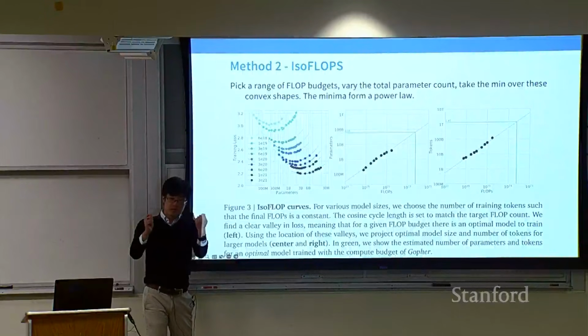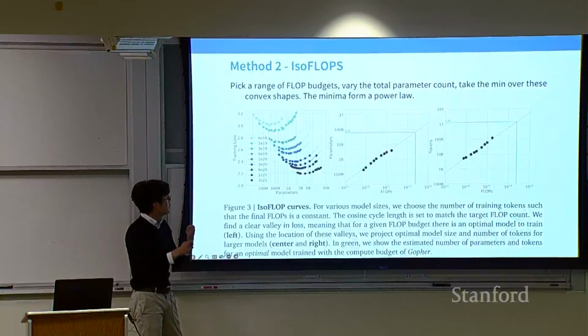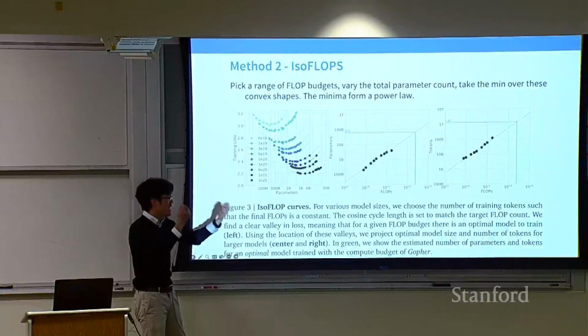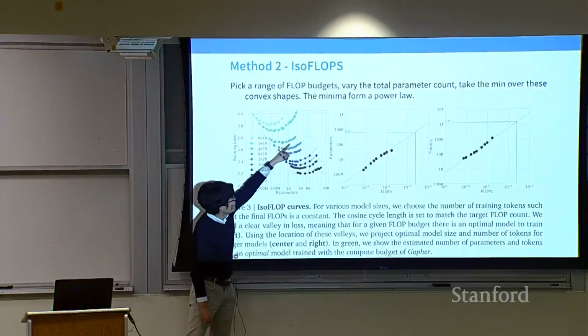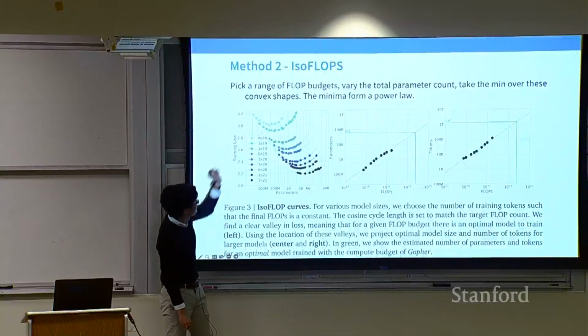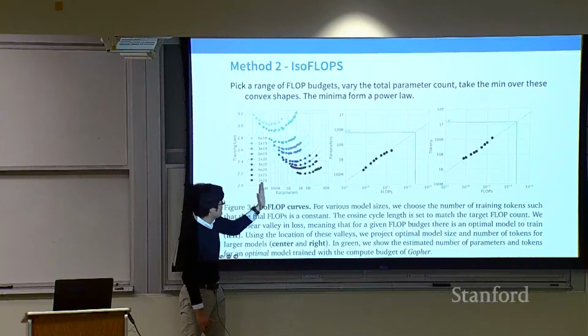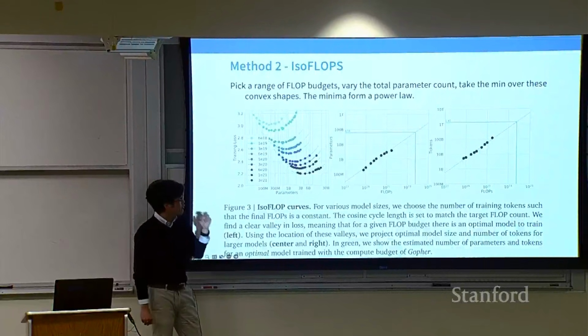So for each flop budget, I'm going to sweep over the parameter to data trade-off, fixing my flops, right? So I double my data size, I halve my model size, and so on and so forth, right? And that will generate a sequence of training runs whose terminal loss is going to sweep out some sort of curve, right? So each one of these colored sets of points is a fixed flop run. Each point is sweeping across different parameters. And of course, it's implicitly sweeping over data as well, right?